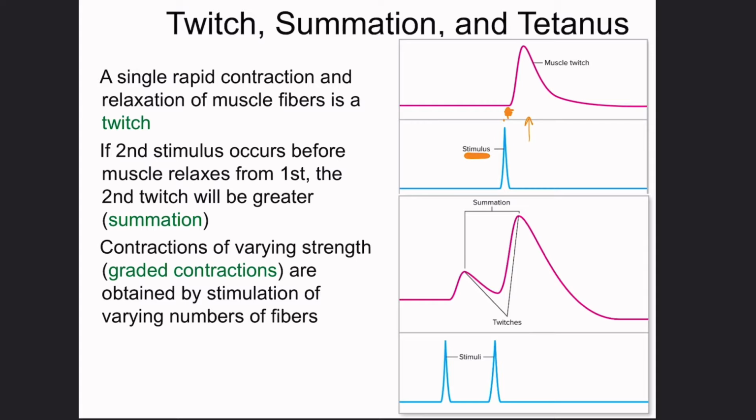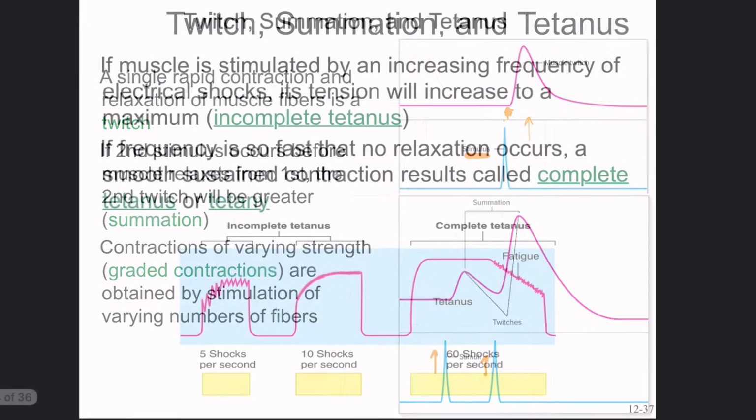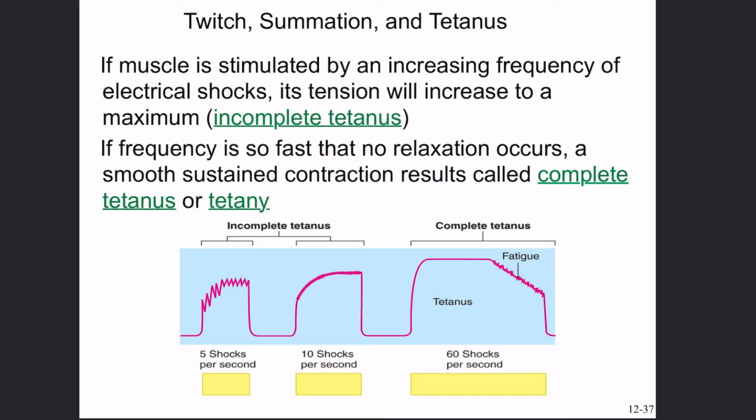And if we were to send more action potentials, more stimuli, these twitches are able to add together to create a larger twitch. This is called summation. So if we continually add stimuli to a muscle, they will continually twitch, and these twitches will continually summate.